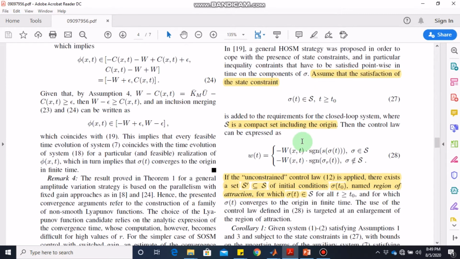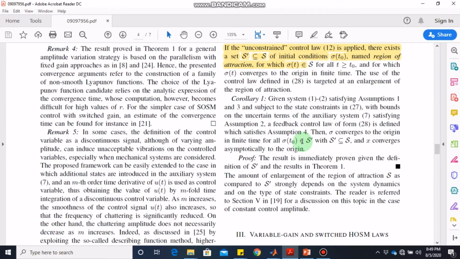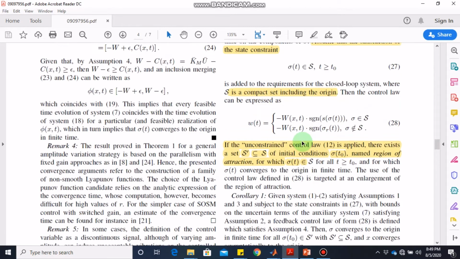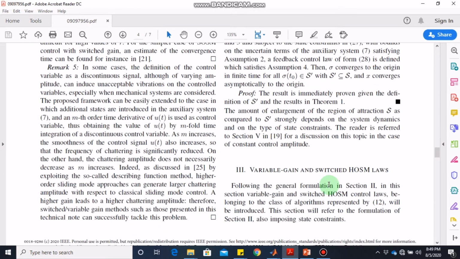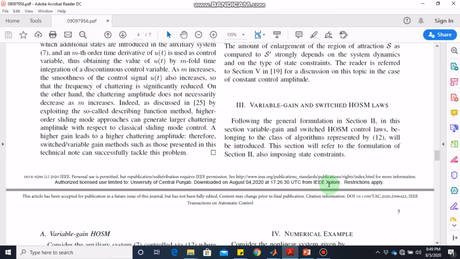And then there are some constraints that have been discussed, that sometimes there are constraints on the state space and sometimes there are constraints on the sliding surfaces, and those cases have also been discussed in this paper.